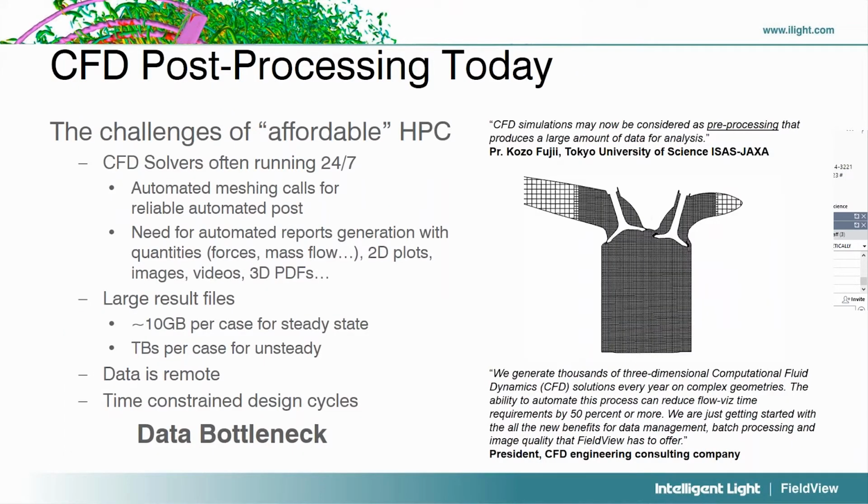So let's move on to a few preliminary words. I want to take a step back and look into the problems that we believe Converge users are having now. And we see that mostly as a drawback of the more affordable HPC that we see as a big trend. What's happening is that for CFD users, it became very easy to be running CFD solvers 24/7, especially with a tool like Converge.